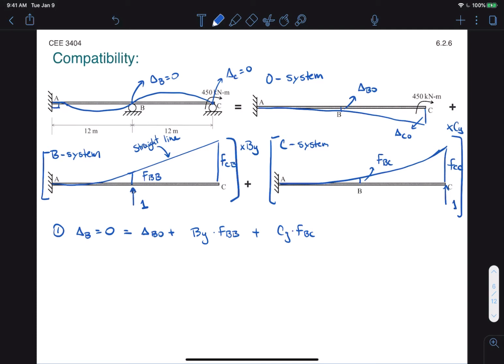And similarly, the second compatibility condition for delta C will be the same form. All right, so the plan of attack here is that we'll solve for delta B0 and delta C0 first. Second, we'll solve for FBB and FBC in the B system, and then FCB and FCC in the C system.